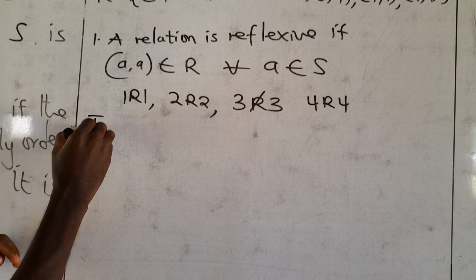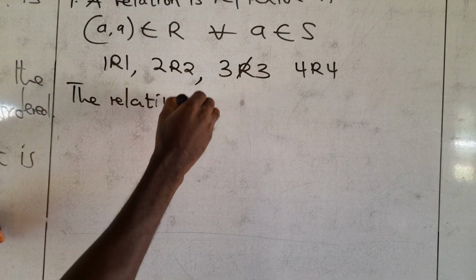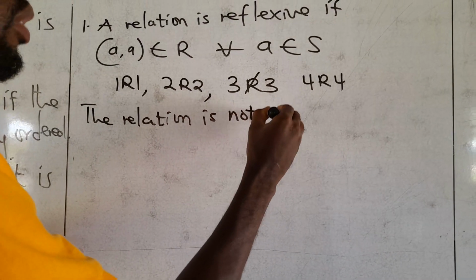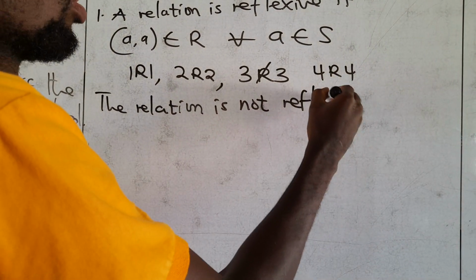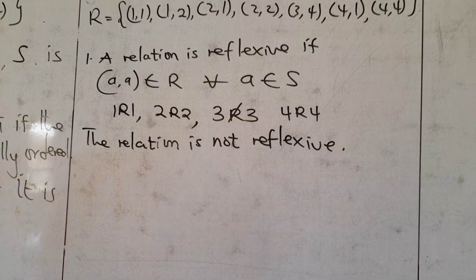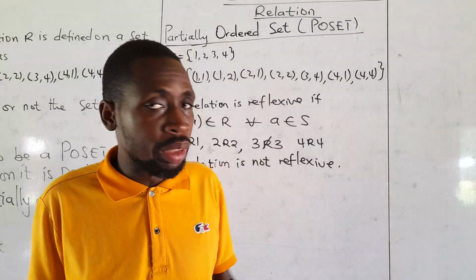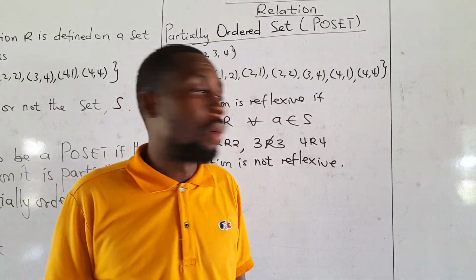So we say the relation is not reflexive. Since the relation is not reflexive, that is enough reason to disqualify it for being partially ordered. But for academics, let's try to find the other properties.